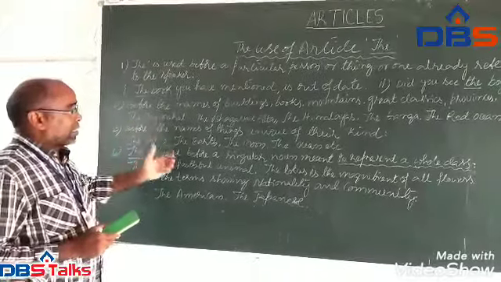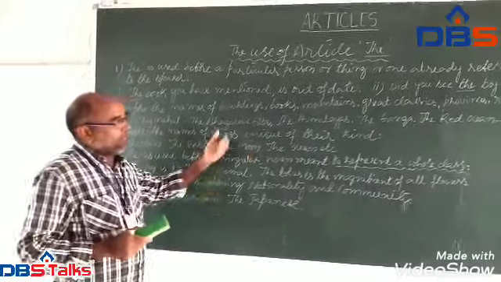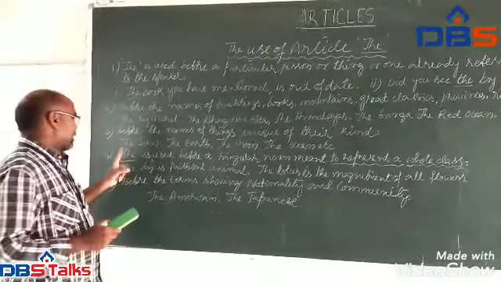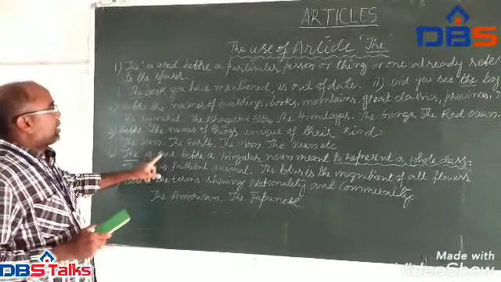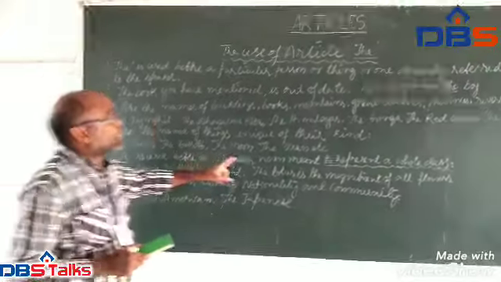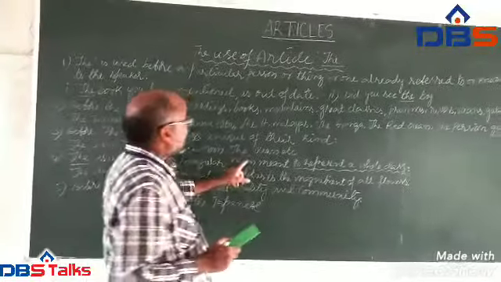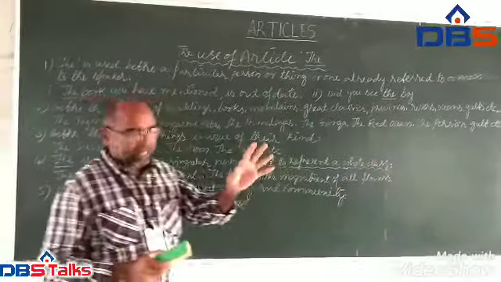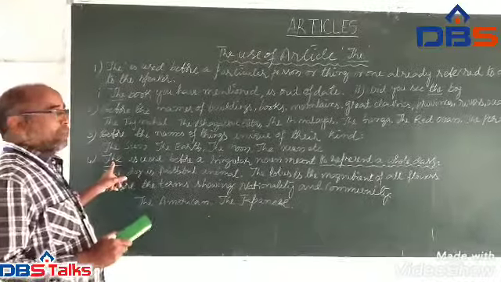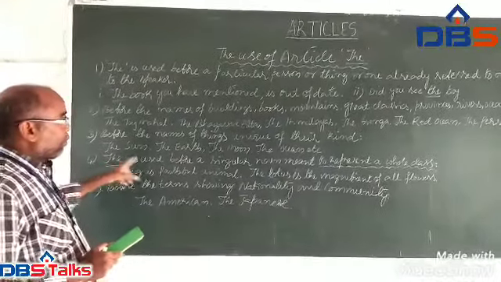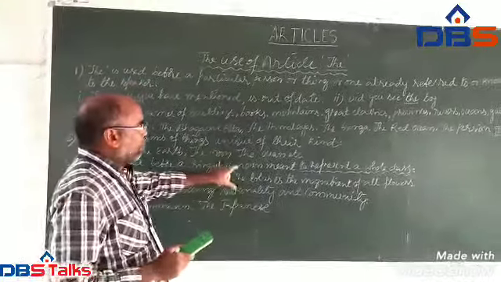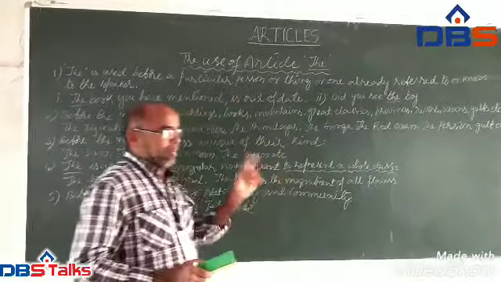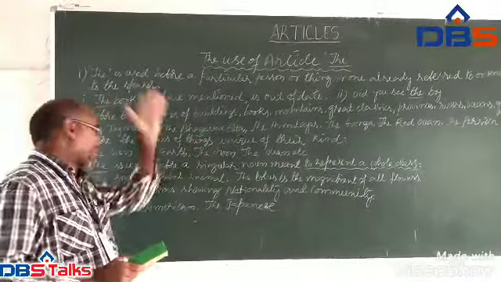The sun, the earth, the moon, the ocean, etc. We also use the definite article the before a singular countable noun meant to represent a whole class, not a particular piece or item, a whole class.